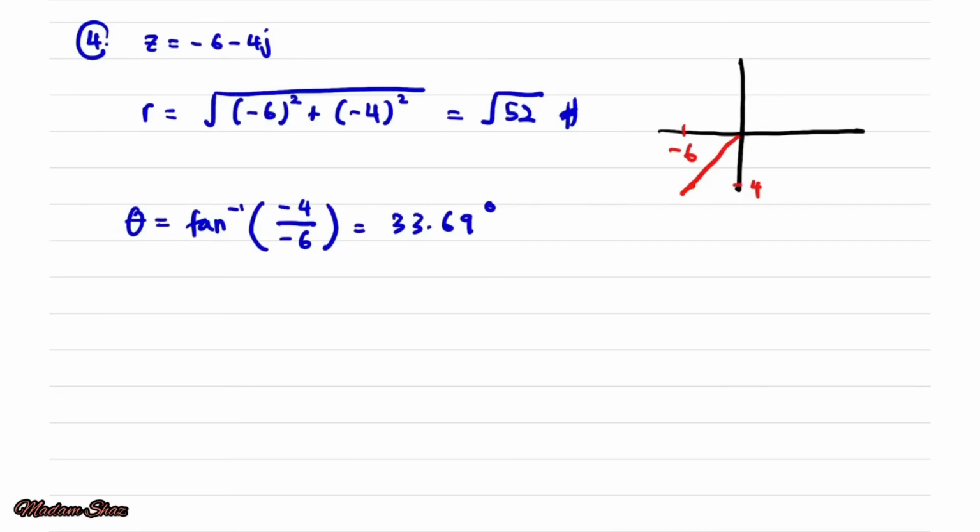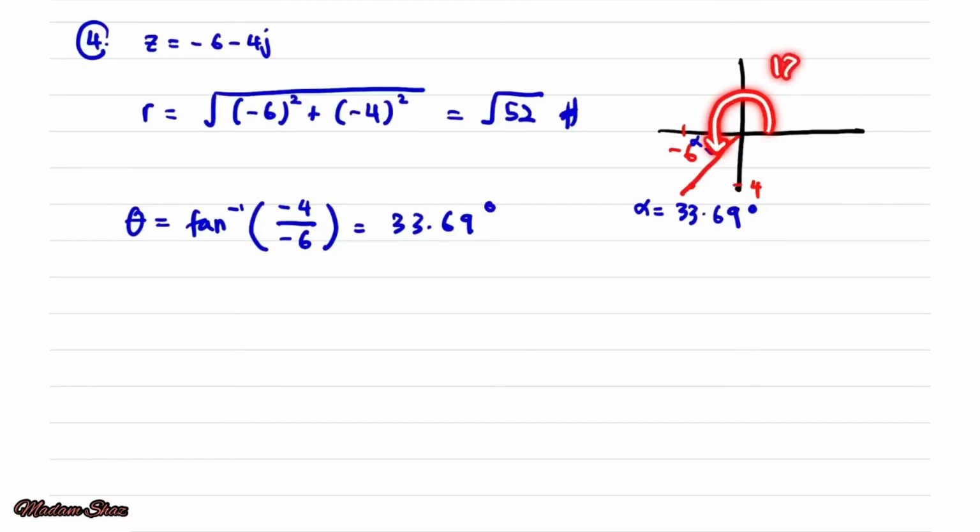33.69 degrees. So the theta that we have here is not the real theta, because this one is the reference angle from the x-axis to the complex number. So this is our alpha. Alpha is equal to 33.69 degrees. Our real theta is from the positive x-axis until it touches the complex number.